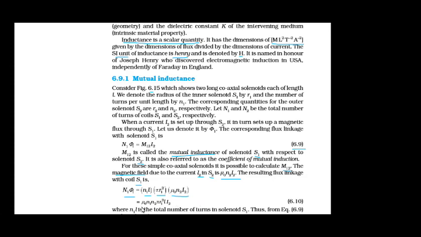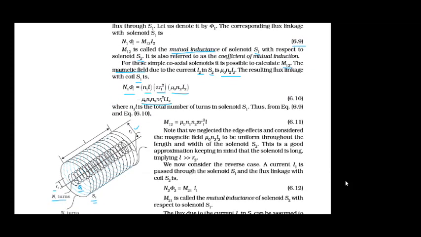So ultimately we get mu naught n1 n2 pi r1 square L I2. This is equation 6.10.